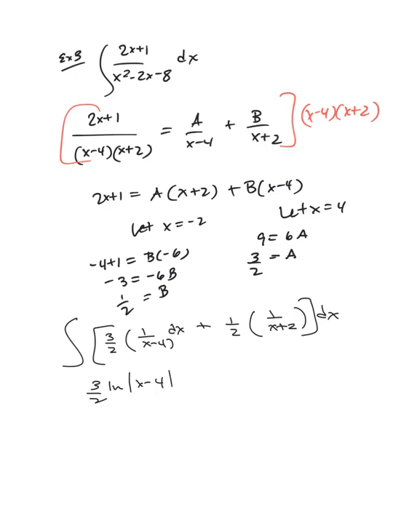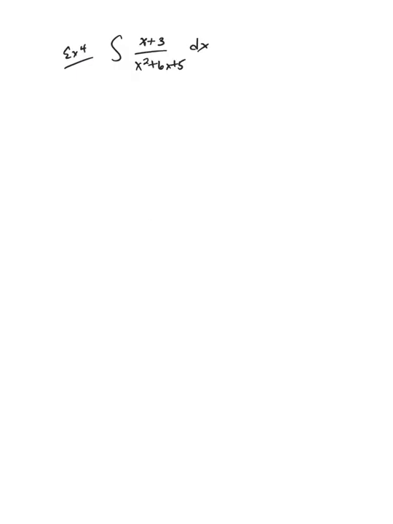You could try the u sub on the side. You'll see that because the x has a coefficient of 1, it's not going to be a problem. Plus 1/2, and then ln x plus 2, plus c. You don't want to forget the plus c.